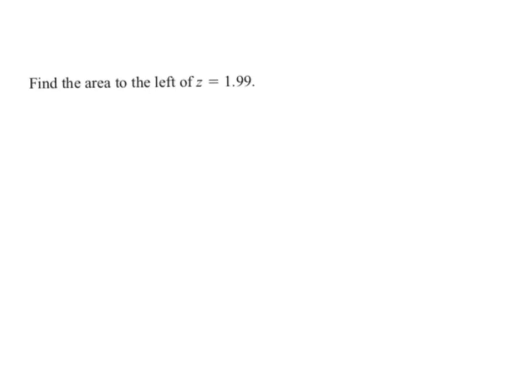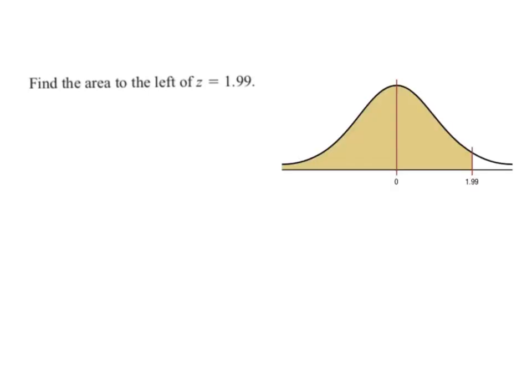And for this situation, all we're going to do is use the table to find the value. Now you don't necessarily have to draw the curve, but some of the problems will ask you to draw the curve. So just to be clear, what we're talking about is we're looking for the shaded area here. This is 1.99, again it'd be 1, then 2.